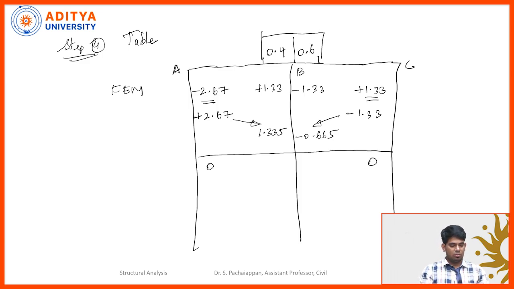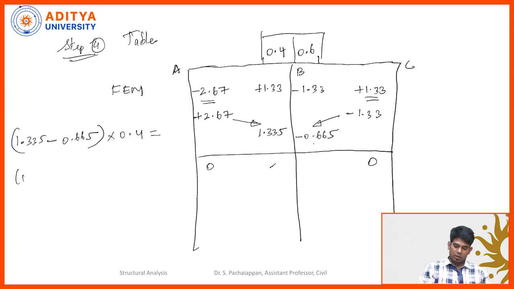Okay. So what is the next step we are going to do here? We just need to add these two values. I am doing that operation here. I am just going to add 1.335 and then minus of 0.665. The summation of this multiplied with 0.4, that I need to write it here, and then 1.335 minus 0.665.